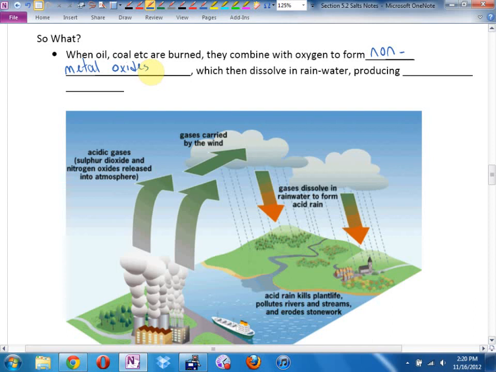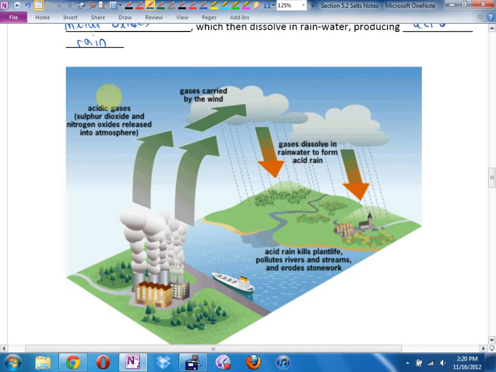And when you add a non-metal oxide to water, what do you get? Acid rain. There's a lovely picture, but this is where acid rain comes from.